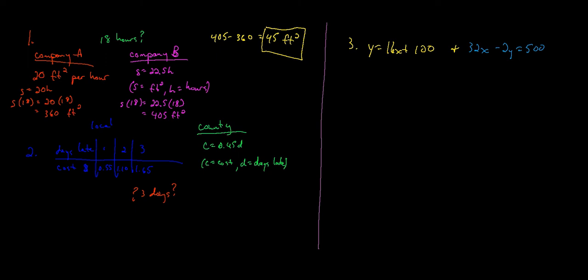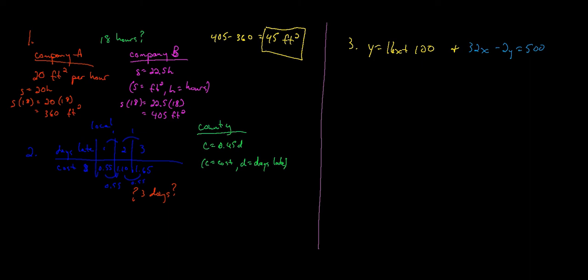So first off, let's determine a function for our local library. We're looking at a difference for each difference of 1 day. We're looking at a difference of 0.55. 1.10 minus 0.55 is 0.55. $1.65 minus $1.10 is 0.55.